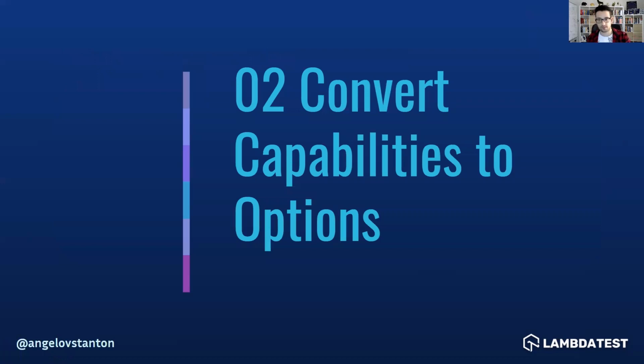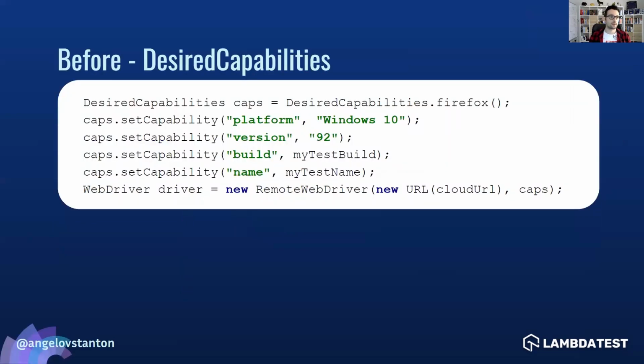Then the second thing, converting capabilities to options. This is really important because some of the old APIs have been deprecated. Before, we used desired capabilities to set many configurations about the remote WebDriver. In the test, capabilities are not structured to be W3C compliant.